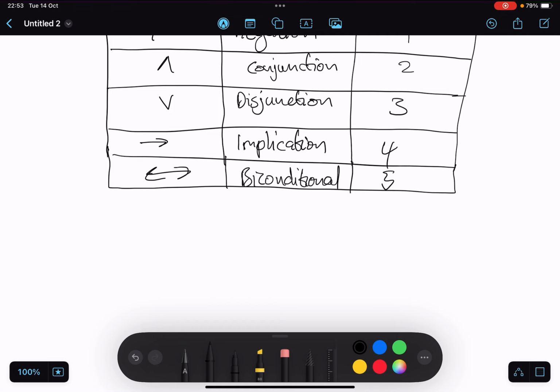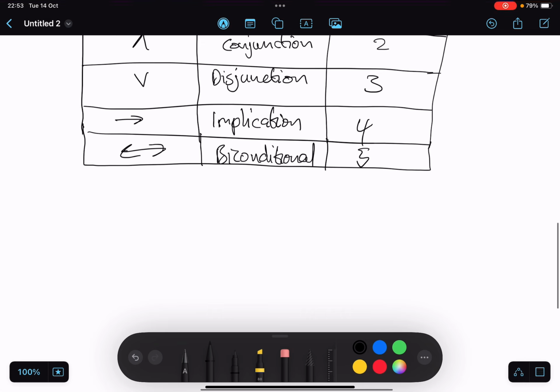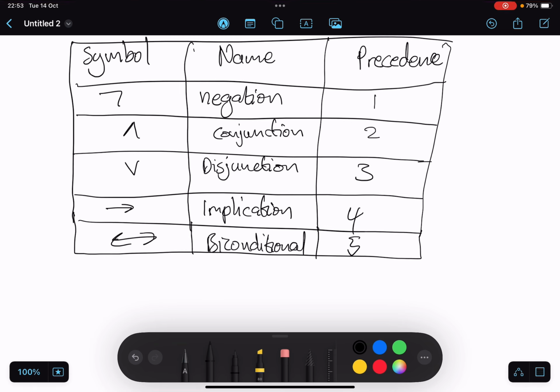So this is the precedence table that you are going to use throughout this topic. If you are given a compound proposition that contains several logic operators, you first prioritize the negation, followed by the conjunction, disjunction, implication, and lastly the biconditional.